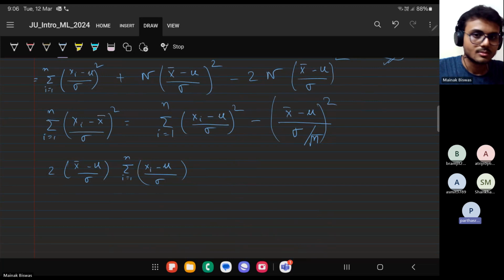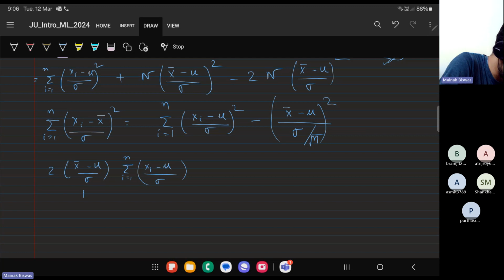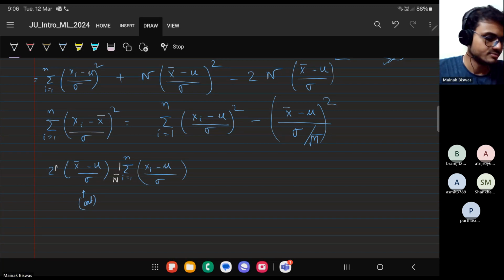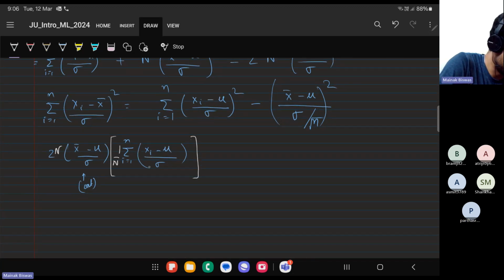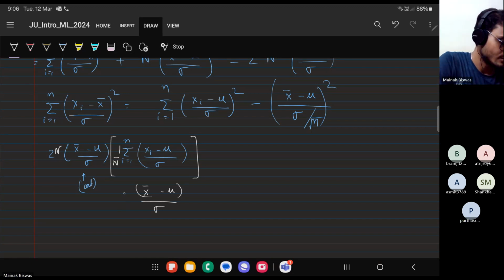I just took the constant outside. This is a constant. Now what will be the inner one? I can just multiply and divide by n. The inner one is nothing but x bar minus mu by sigma, isn't it? That's it.